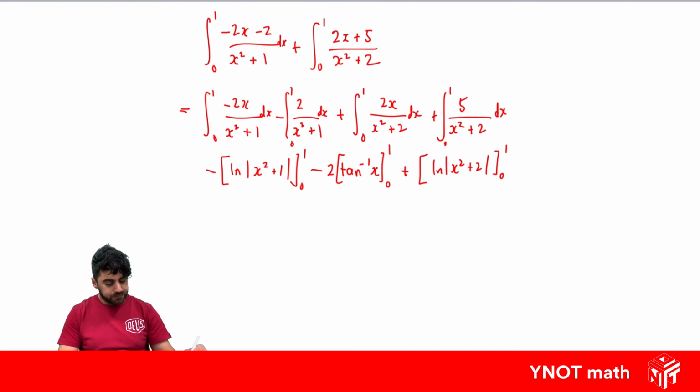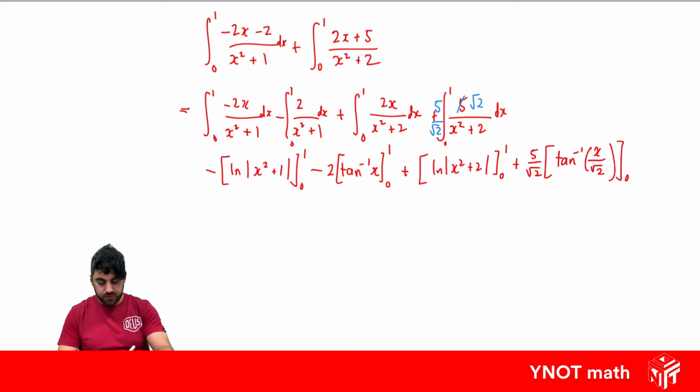So if you like, you can imagine putting a root 2 there, but then dividing by the root 2, and then pulling the 5 out the front. Which means that the integral is going to be 5 on root 2, and then the integral with the inverse tan of x over a, which is root 2, from 0 to 1.